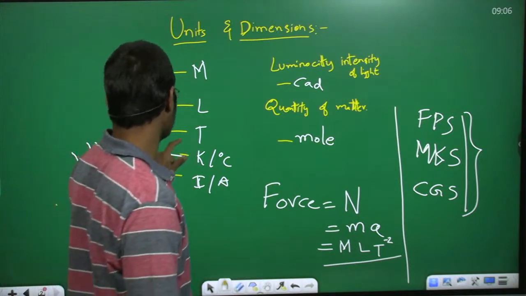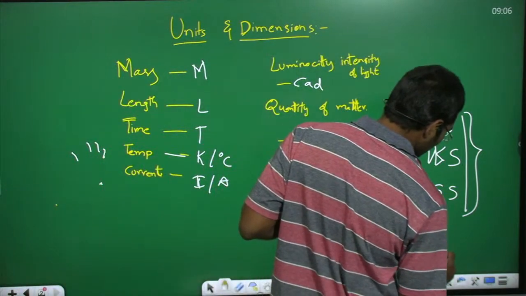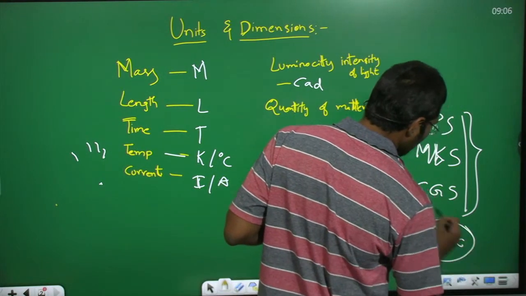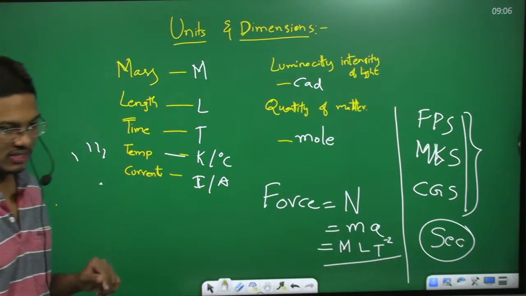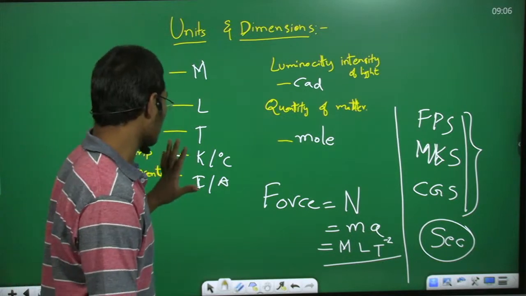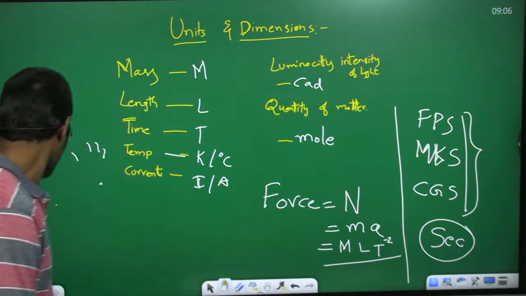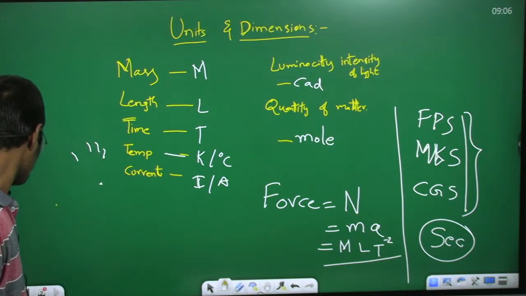That is nothing but time, which is second. You can expect such a basic fundamental question in any competitive exam. So make sure that you go through it and everything follows this concept. Let me move on to the next topic.